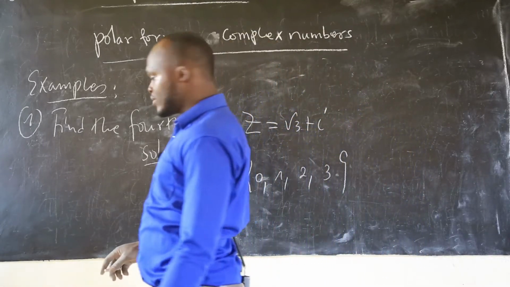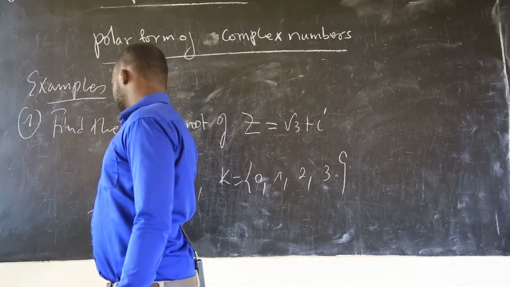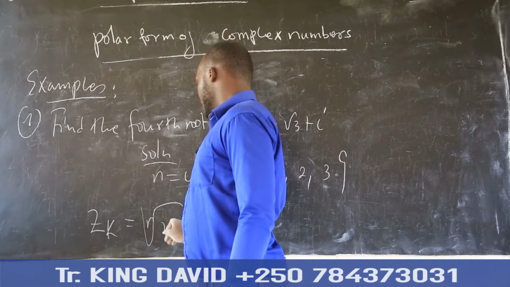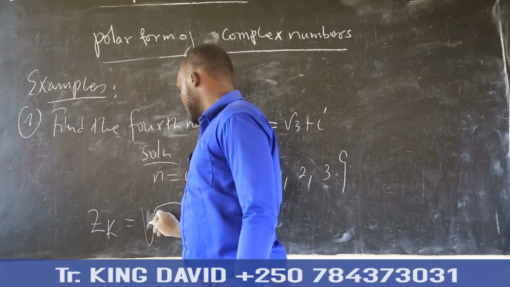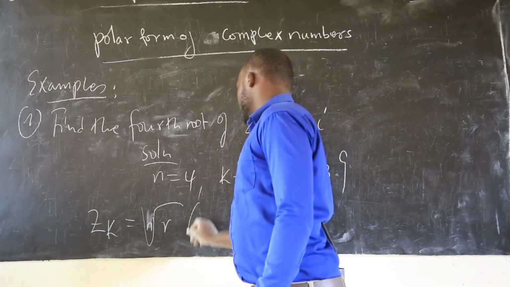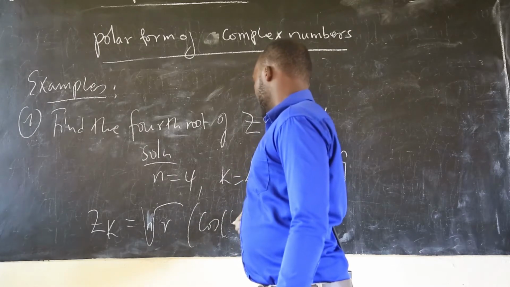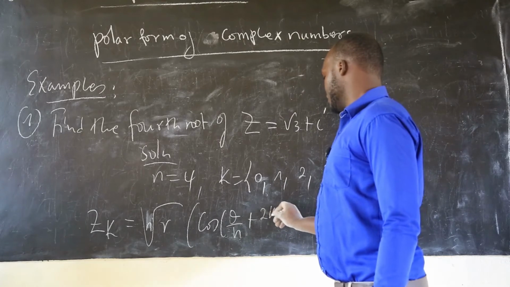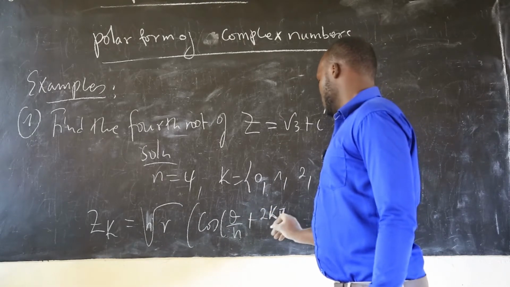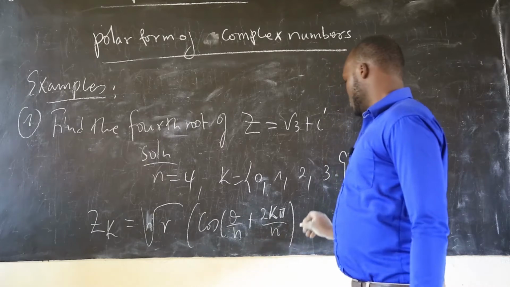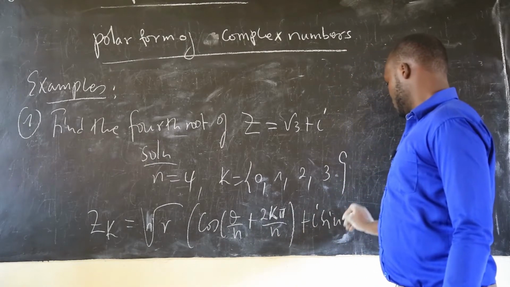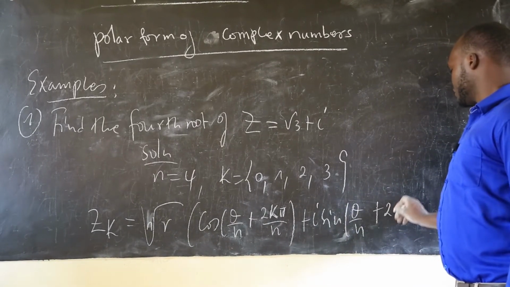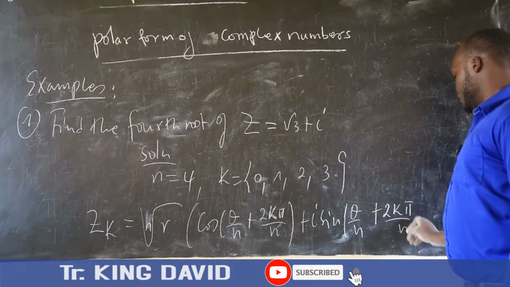And you know that the nth root of a complex number is zk, which is equal to the nth root of r into bracket cos angle over n plus 2k pi over n plus I sine angle over n plus 2k pi over n.